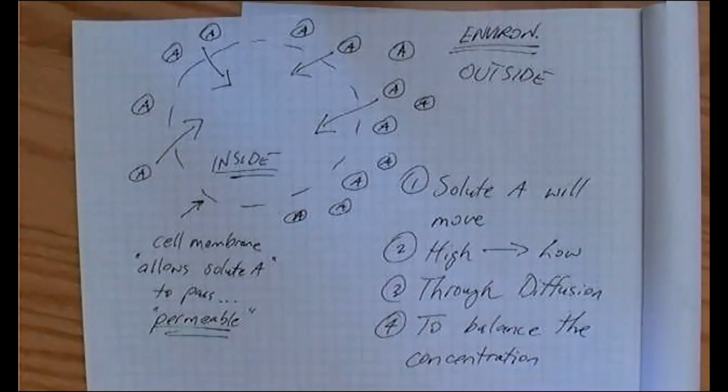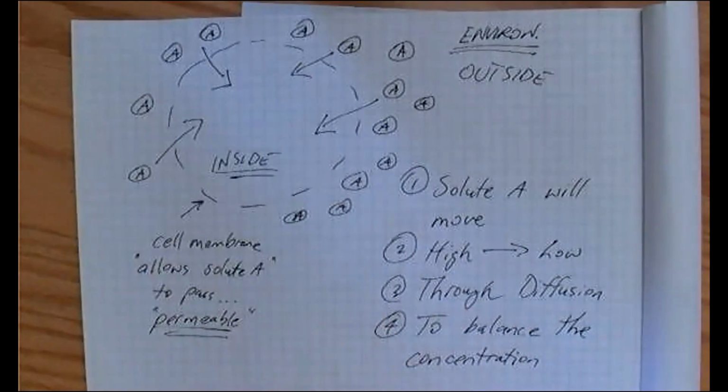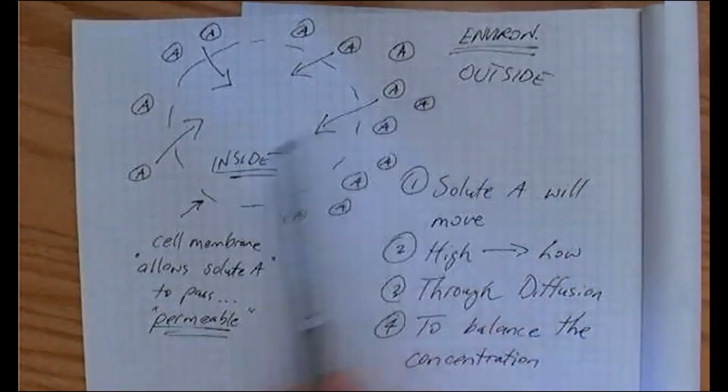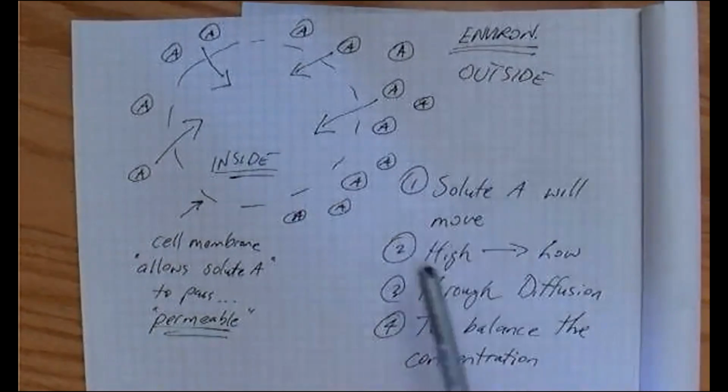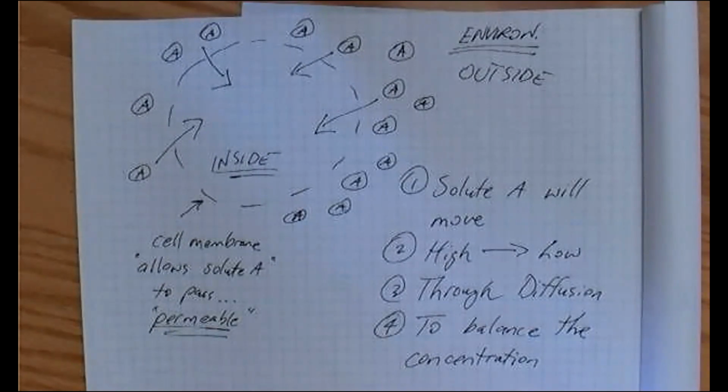Okay. So anyway, maybe I'll re-explain this here a little bit. The arrows here are what are going to show the prediction in picture form. So the picture form shows the solute A coming from the outside inside. So here's my little explanation. Solute A is going to be the thing that moves. It moves because the membrane is permeable to solute A. It'll go from high concentration to low concentration.